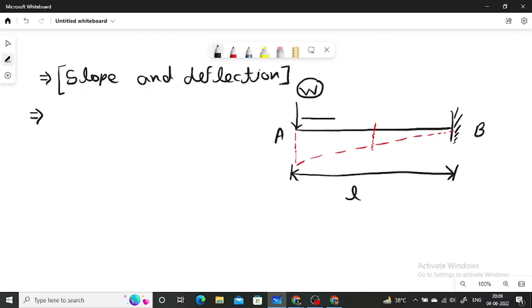Consider a section at a distance x from the point A, and the deflection at this point is y. Okay.